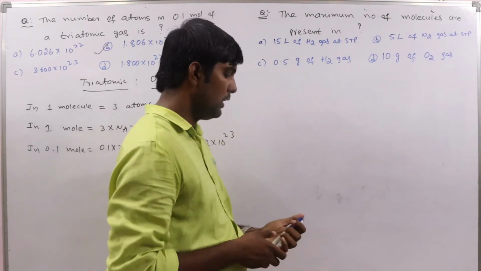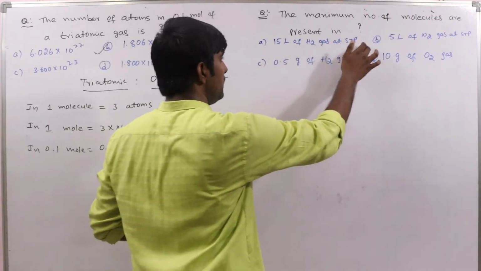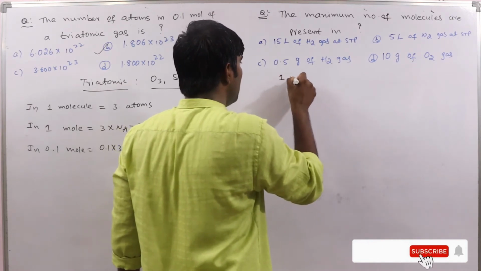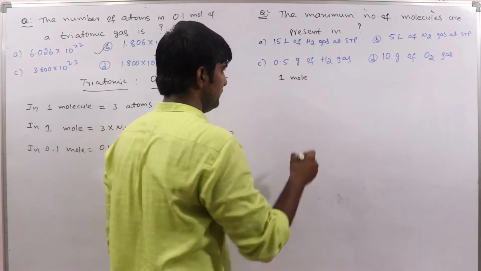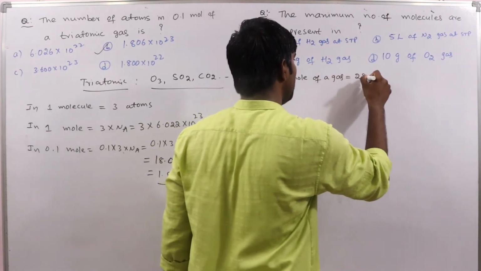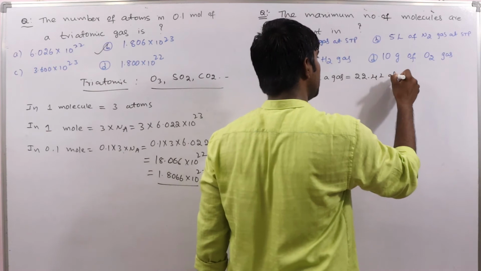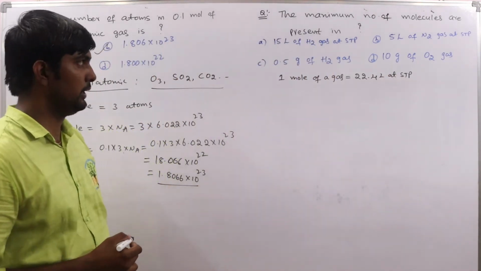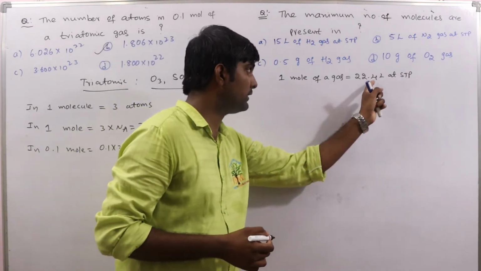When volumes are given, what we have to do is that 1 mole of a gas occupies 22.4 liter at STP, right? 22.4 liter at STP. 1 mole of gas occupies this much volume.